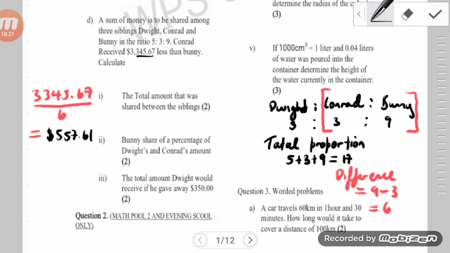Question 1 asks for the total amount of money that was shared between the siblings. We know that the total proportion is 17.